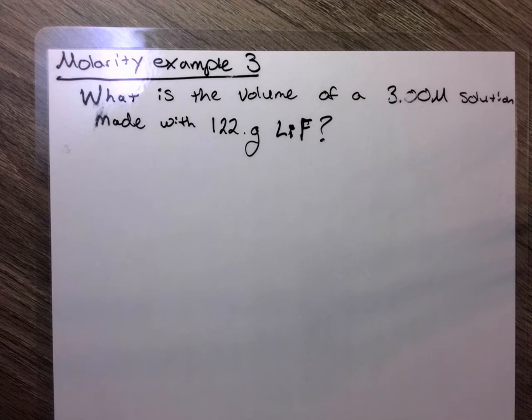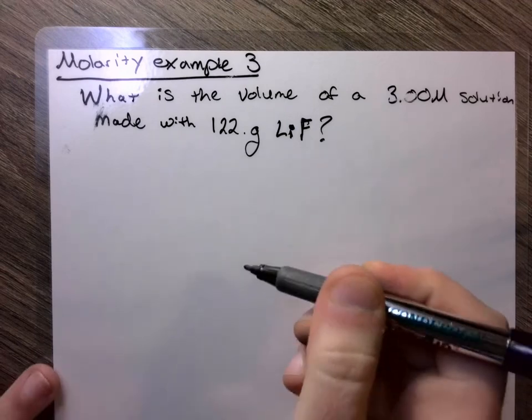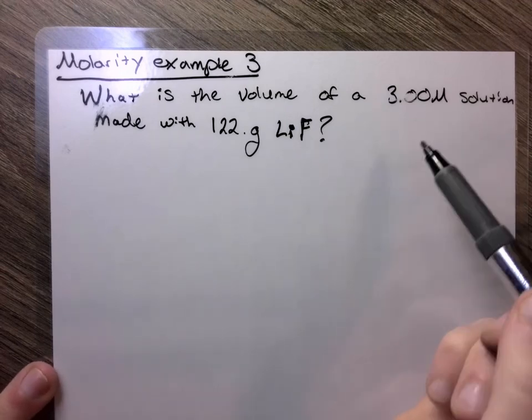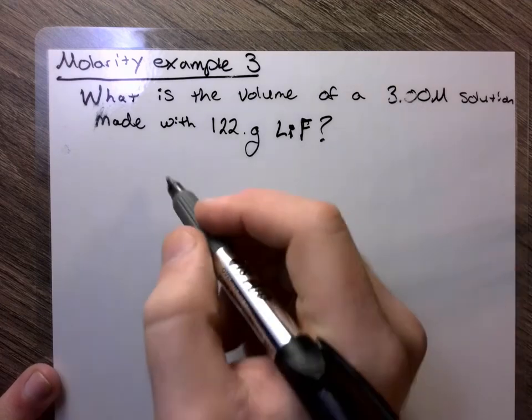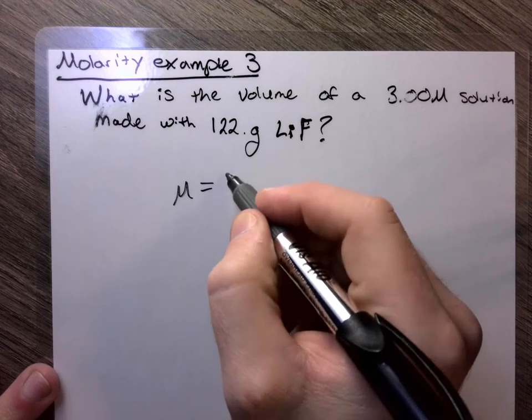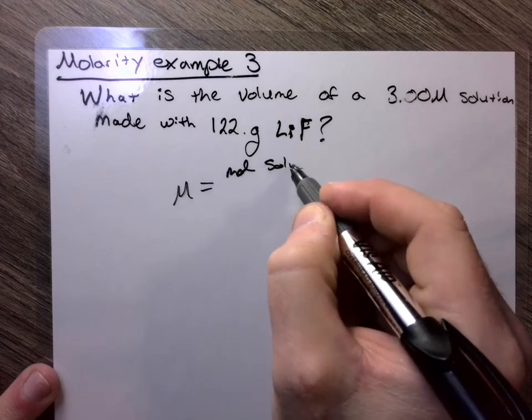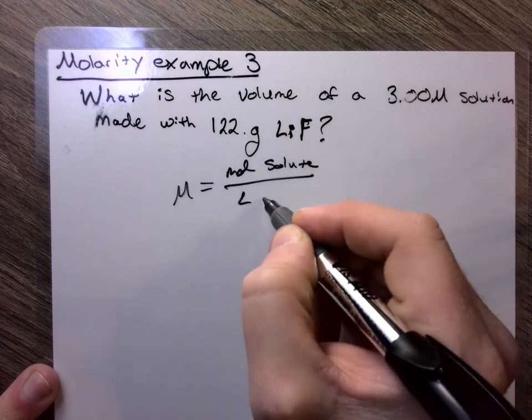So let's pull out what we're given, what we need. Question says, what is the volume? It gives us molarity and it gives us grams. We're dealing with molarity. We remember molarity is equal to moles of solute over liters of solution.